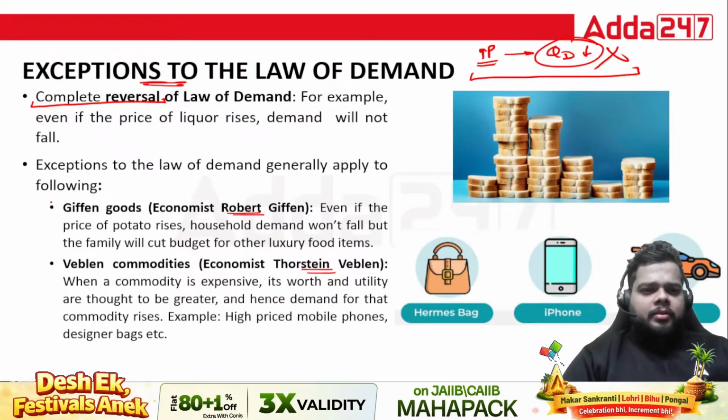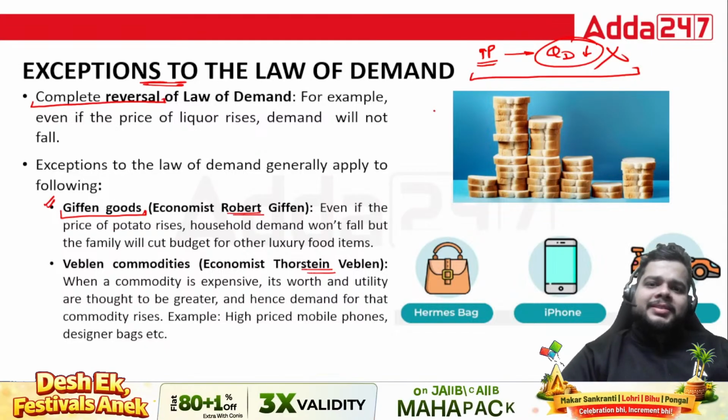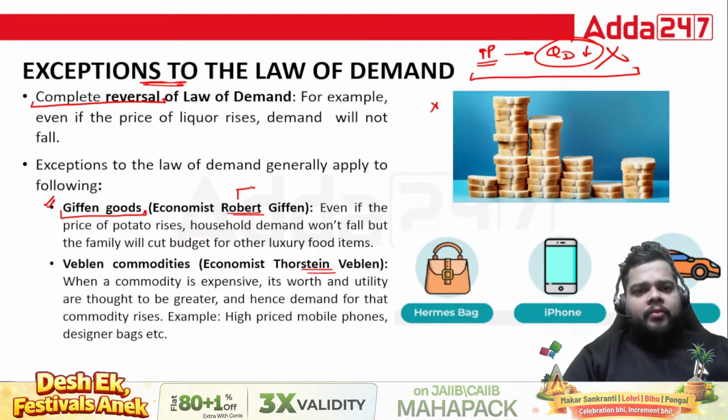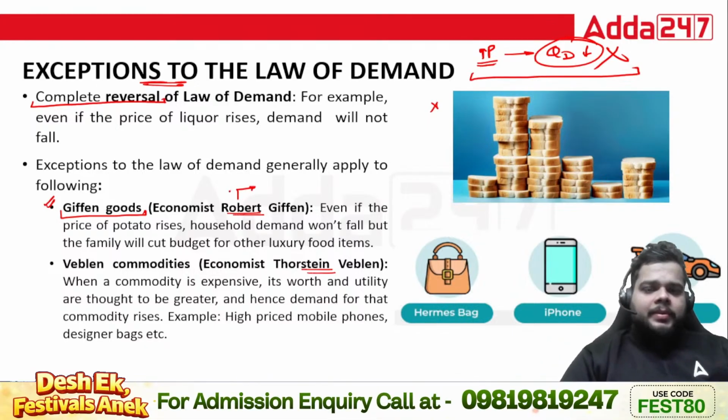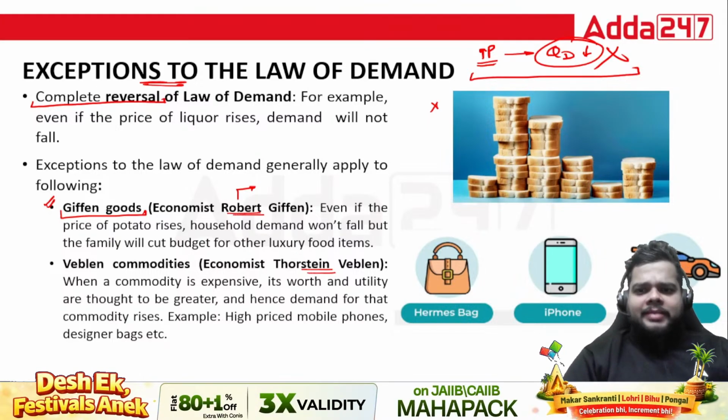So Robert Giffen would say that Giffen goods are those commodities without which you cannot sustain your livelihood. Economist Robert Giffen was an Irish economist. He used to live in Ireland, and there people eat more potatoes as compared to other vegetables.